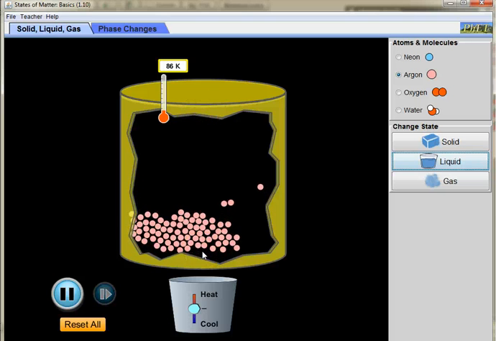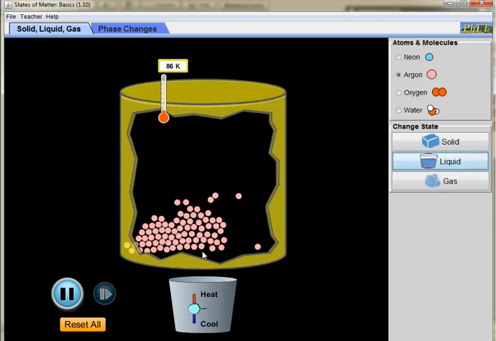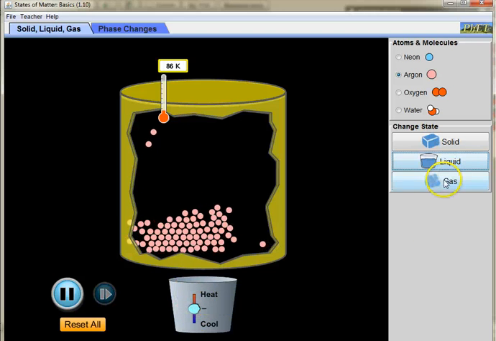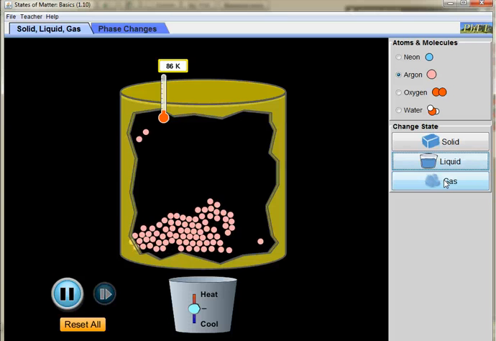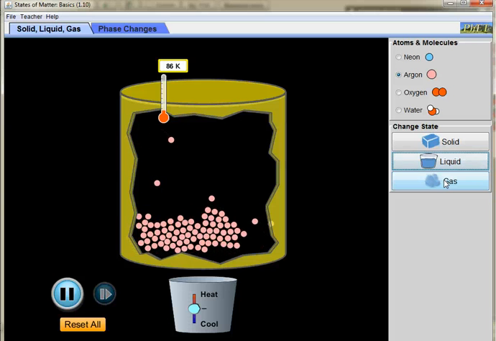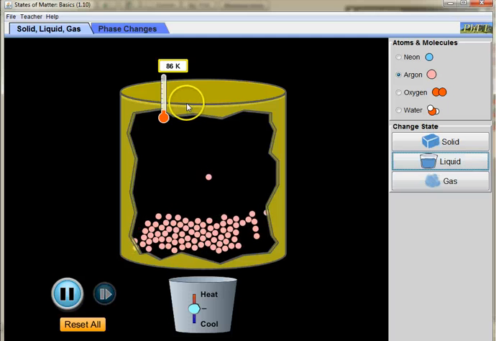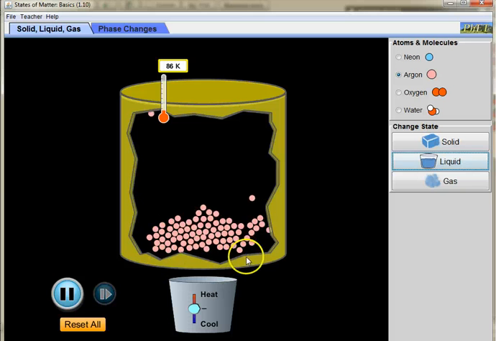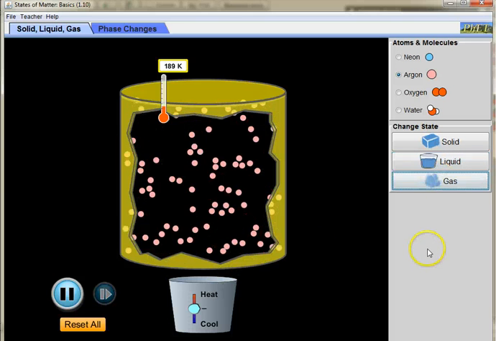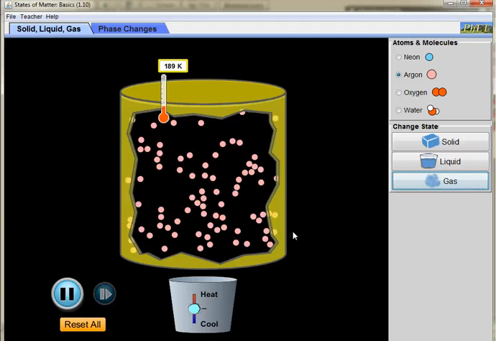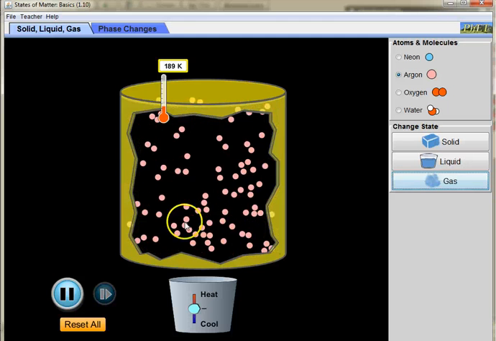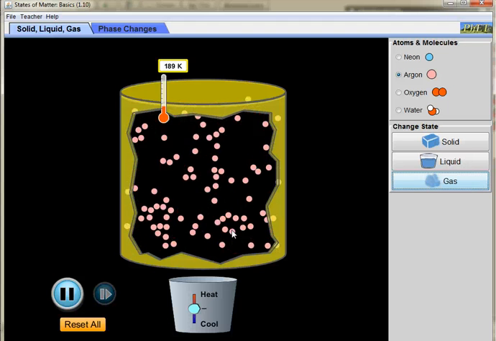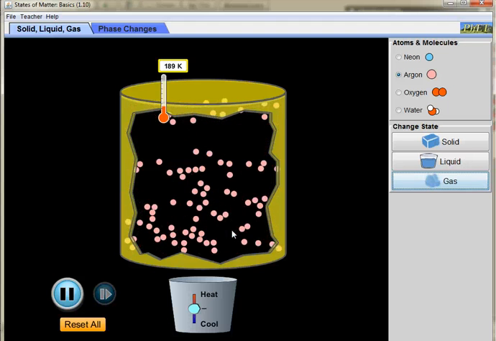We can increase the temperature simply by heating, but we'll simply go and click on the gas phase, and obviously you will see that the motion changes, the temperature goes up much higher. So this is the gas phase in the container, and you can see that there is no connection between the particles.